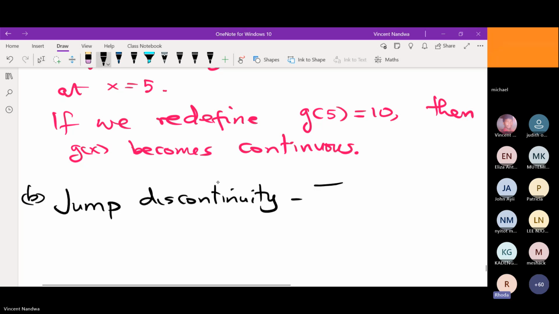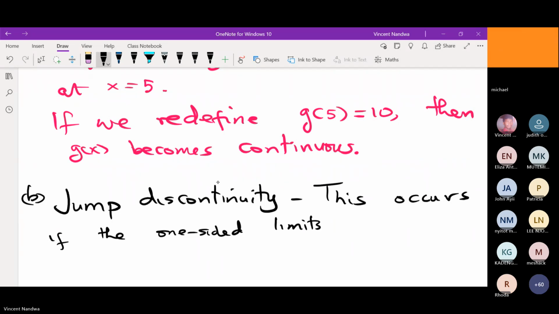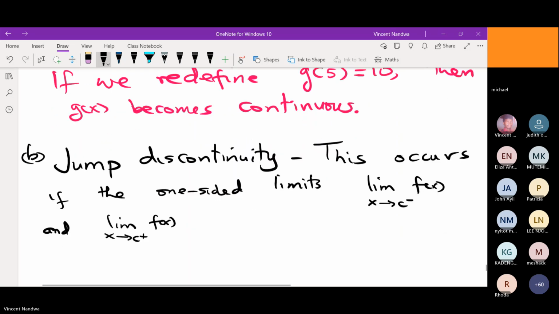This occurs if the one-sided limits, say the limit of f of x as x approaches c from the left, and the limit of the function f of x as x approaches c from the right, exist, but they are not equal.